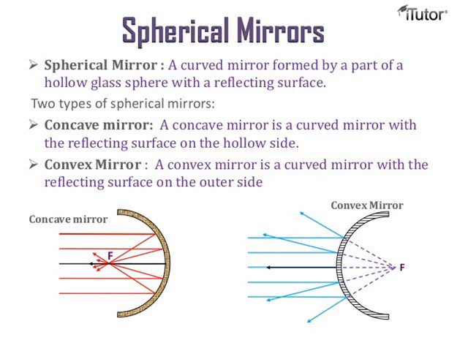Those lights fall on the outer surface and they get reflected. And this is the major difference between a concave mirror and a convex mirror. A concave mirror will have the reflecting surface inside. Convex mirror will have the reflecting surface outside.